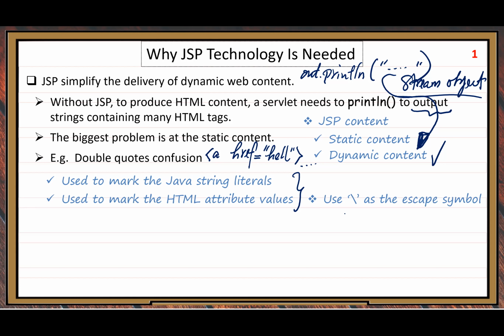The servlet is a Java environment, so when we use double quotes in the Java environment, we should keep the same meaning. Without the escape symbol, backslash, that's the string literal double quote. But if you want to specify HTML attribute values, you need to use backslash double quote.